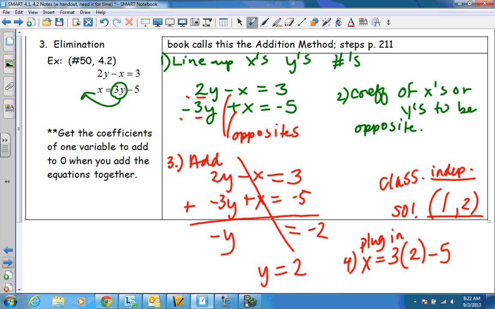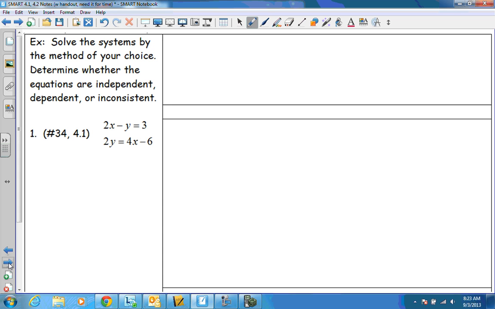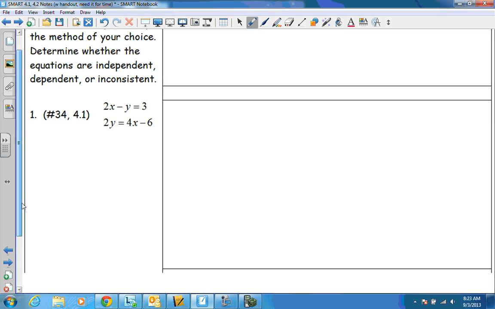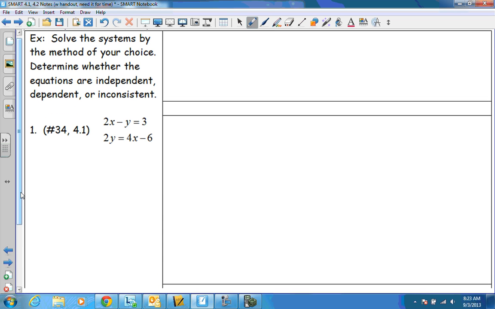All right. Now you're going to see some other things. Do this one with your group, and then check with me, and then move on. Go. Whoa, word problem.